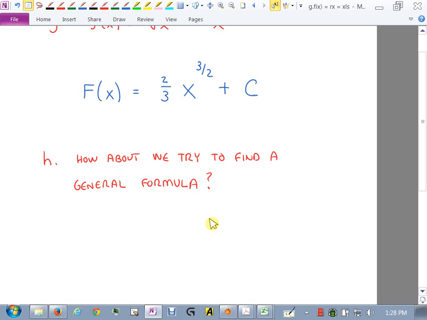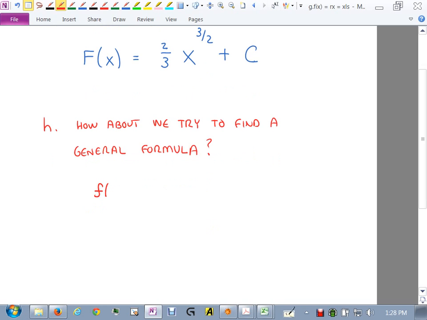That was the formula for taking a derivative. But going backwards, let's see what we would have to do. If we have a function that is a power function, x to a power, what will the general antiderivative have to look like? So can you tell me what the power on the antiderivative is going to be? n plus 1. I know I'm going to have a plus c out here. When I take the derivative of this, the n plus 1 is going to come out, right? And I don't want anything out here except a 1.